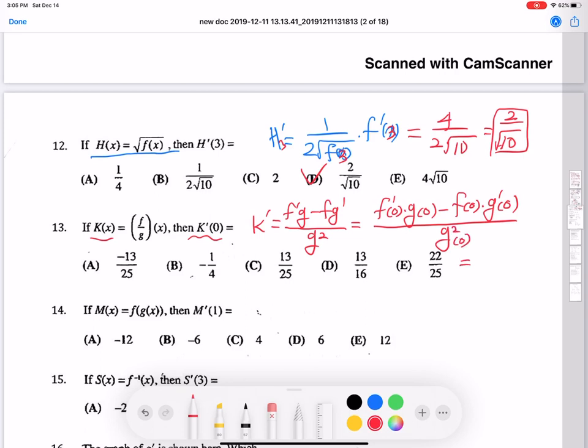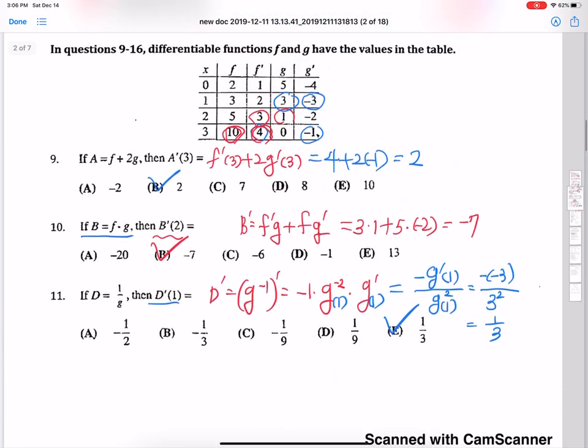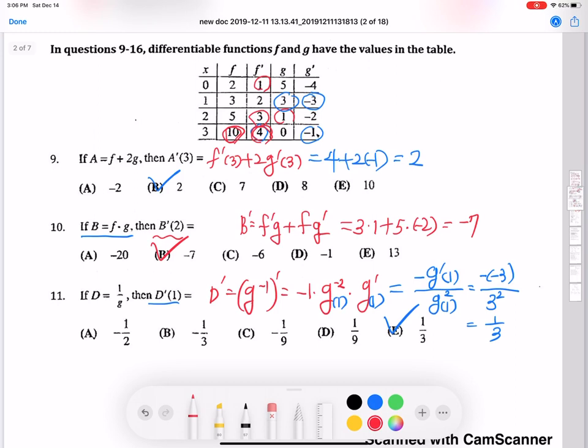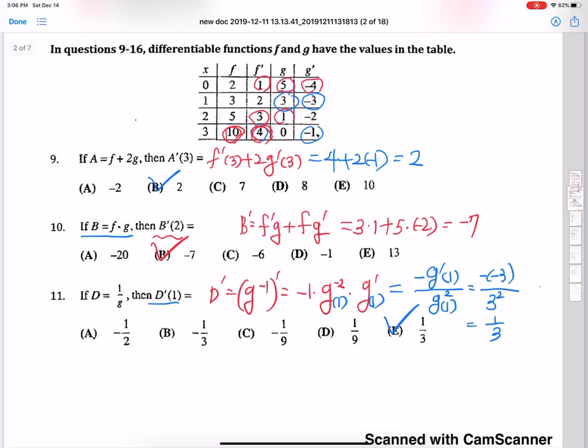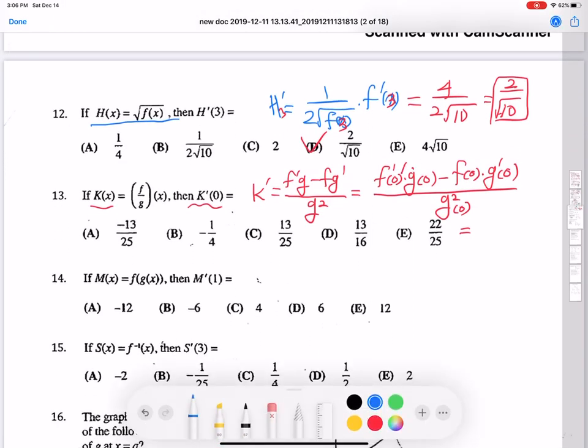Okay, let's go back to the table. At x equals 0, f prime and g first: 1 and 5. So this is 1, this is 1, this is 5.